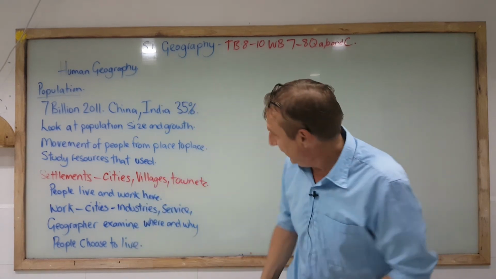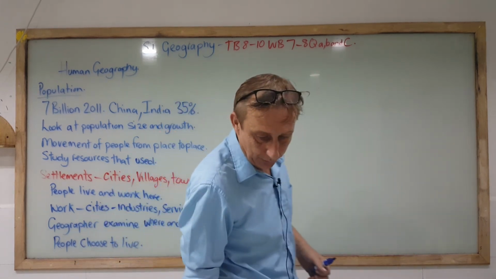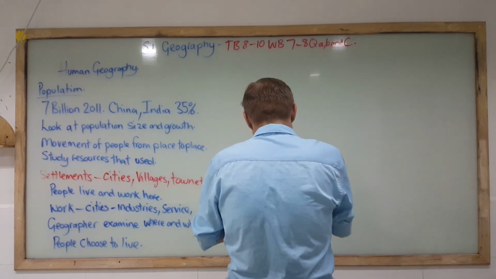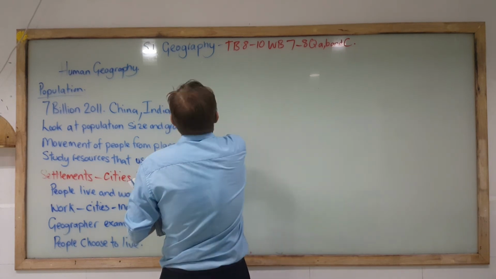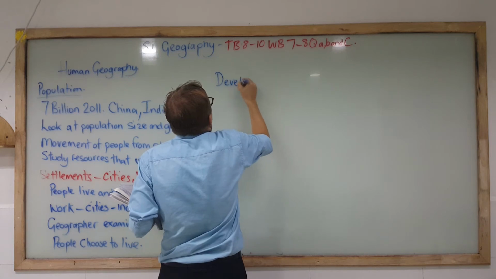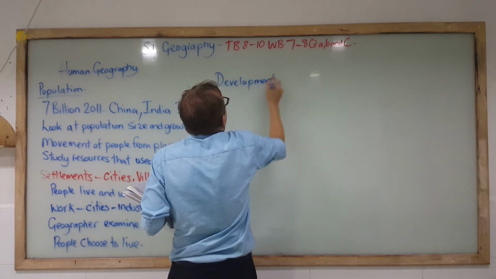Right. Another section that's quite important to geographers is the development of an area. So let's go here. So development. What do I mean by development?